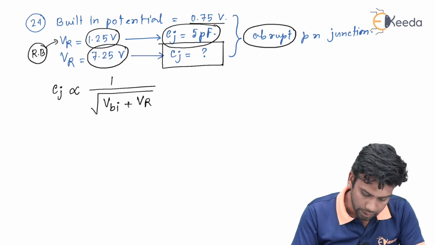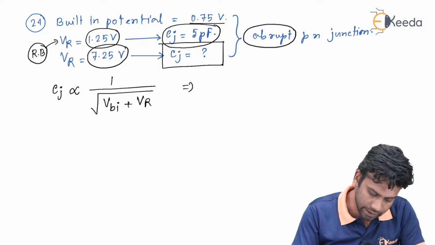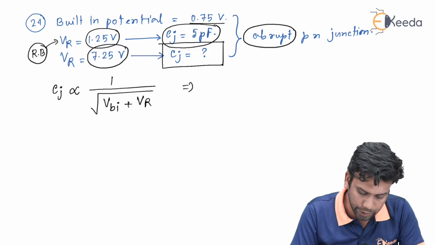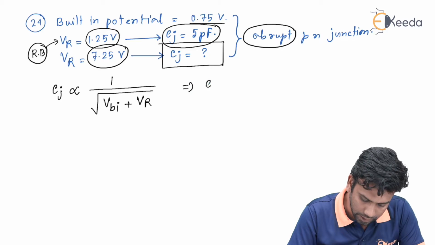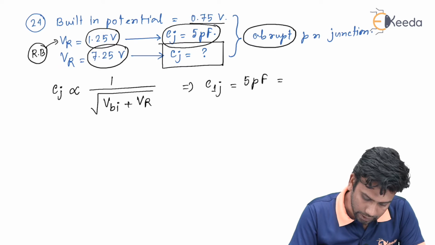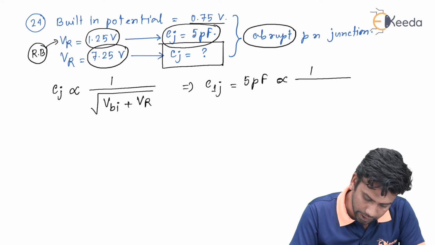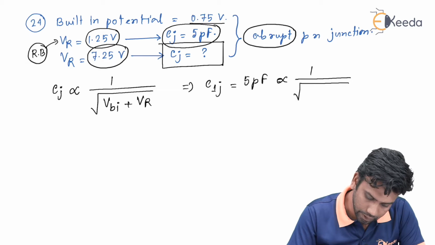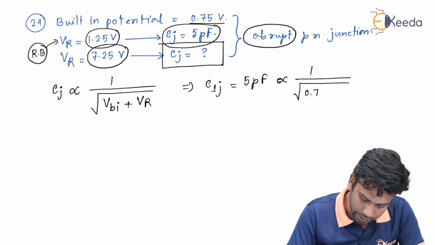Now for the first case, when the reverse bias potential is 1.25, we can say that C1j is equal to 5 picofarad, and this will be proportional to 1 by root over Vbi, that is 0.75 plus 1.25.